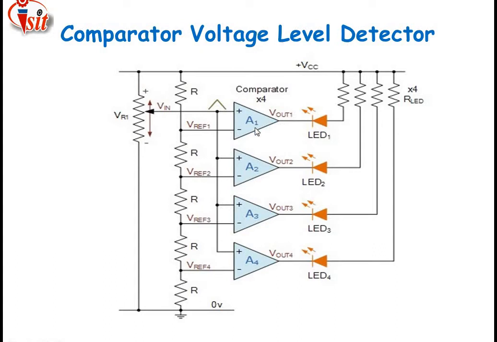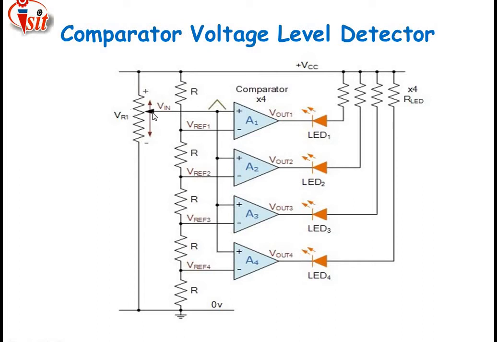For that comparison purpose, here 4 op-amps are connected in parallel, that is op-amp number 1, 2, 3, 4. Along with this, the non-inverting terminal of every op-amp is connected to the input supply. Just see here, this is op-amp number 1, this is op-amp number 2, this is op-amp number 3, and this is op-amp number 4.